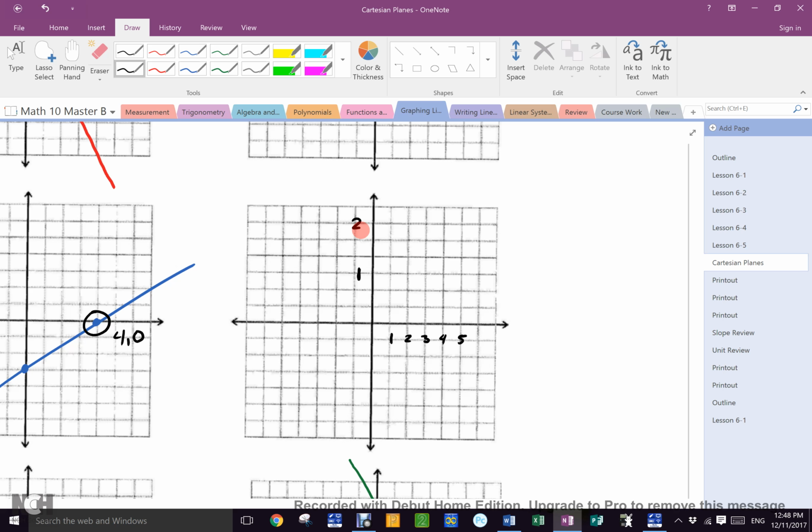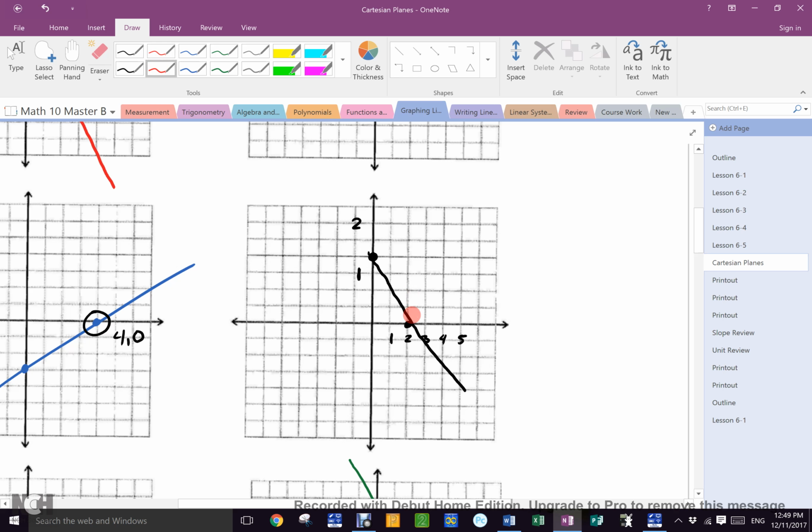So, if my line went like this, what's my slope? 2 and 1 and 1/3. What goes on the top of slope? Rise or run? Rise.